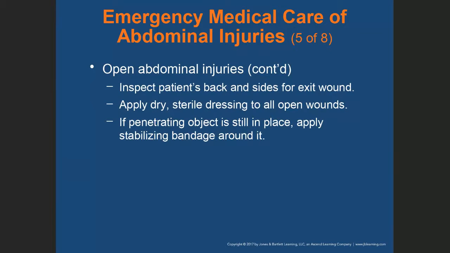Continuing with open abdominal injuries, inspect the patient's back and side for exit wounds if it's a gunshot victim. Apply a dry, sterile dressing to all open wounds. If a penetrating object is still in place, apply a stabilizing bandage around it.